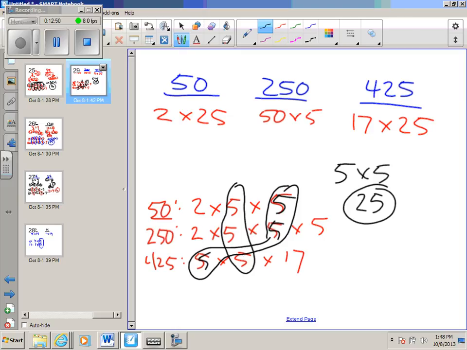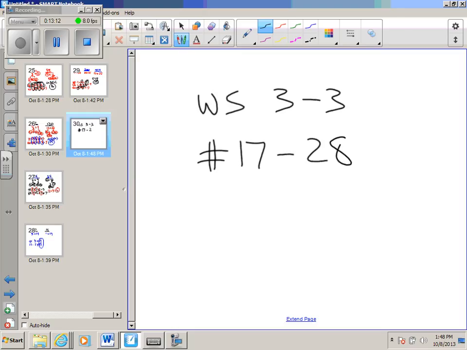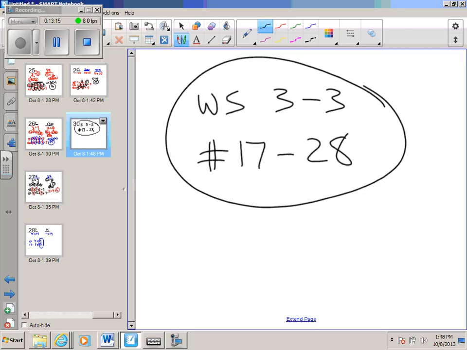I always make plenty extras for 7th grade. 17 through 28. Obviously, there won't be enough room on there to do your factor trees on the sheet. You have to do them on a separate sheet. Okay. So you have about 15 minutes.